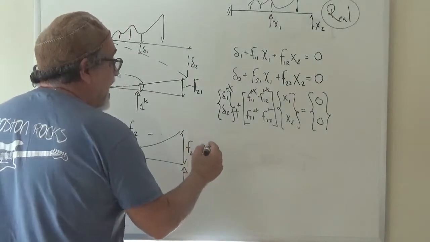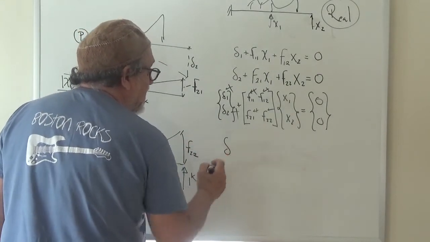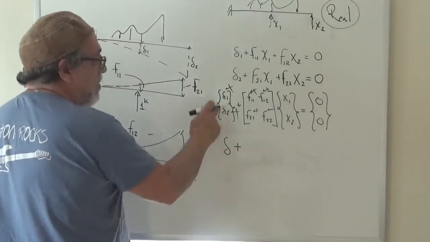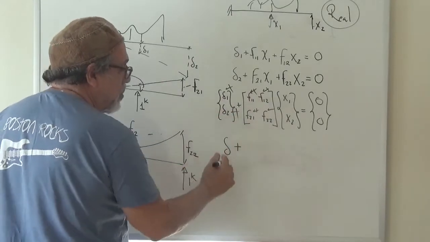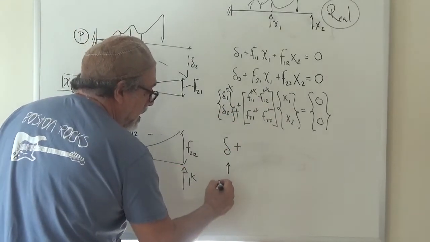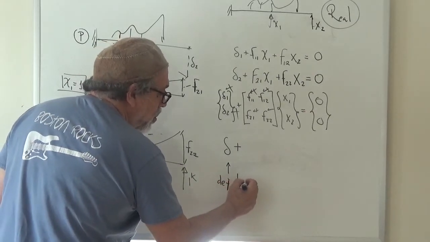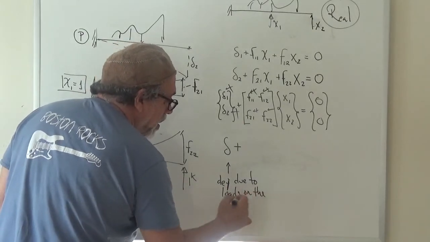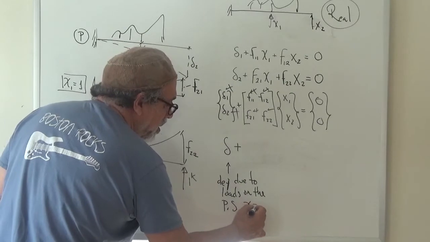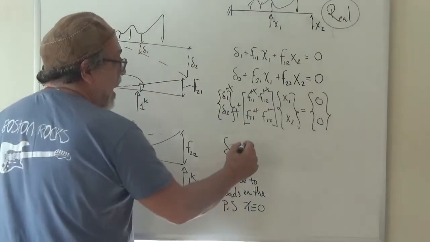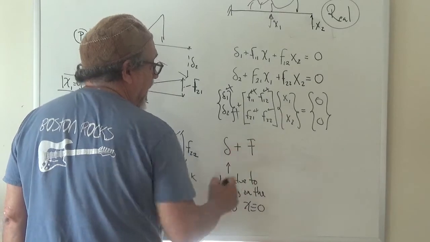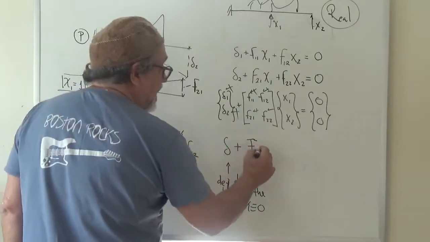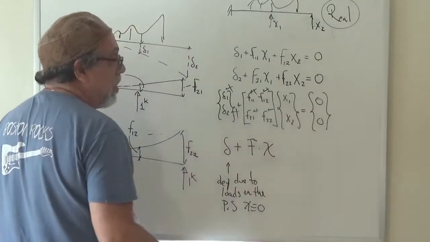So what we say then is that the flexibility method or the force method writes like this. Delta, I won't even put the bracket thing, which is the deformations due to the loads, right? This is the deformations due to the loads on the primary structure when all the redundants are 0, right? Then you have the flexibility matrix, F, which is just the listing of the flexibility coefficients in a matrix, times the redundants, X, which is just a list of the X's.